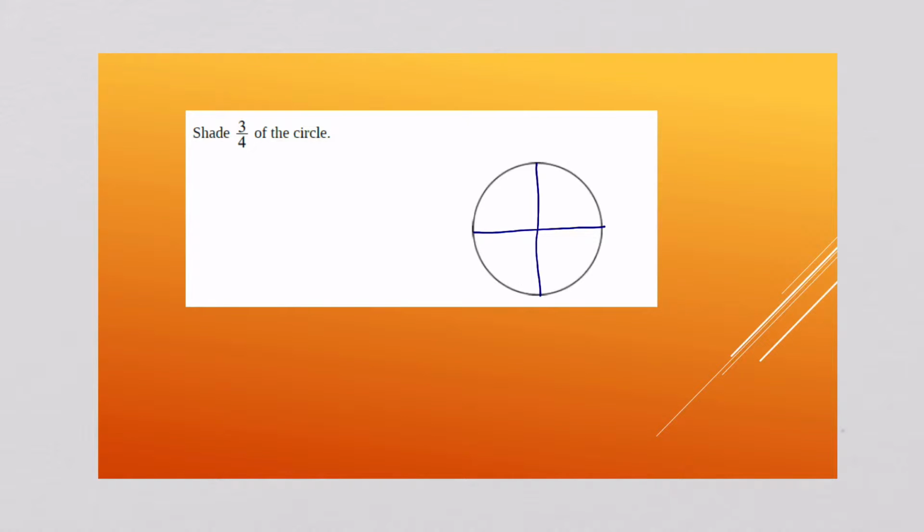So now they want me to shade 3/4 of this. So I'm going to shade 3 out of the 4 pieces. And you don't have to go from edge to edge, but just do your best to shade those areas. Okay, so that right there represents 3/4 of the circle.